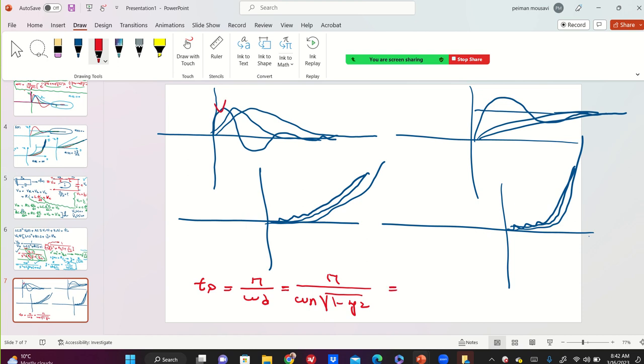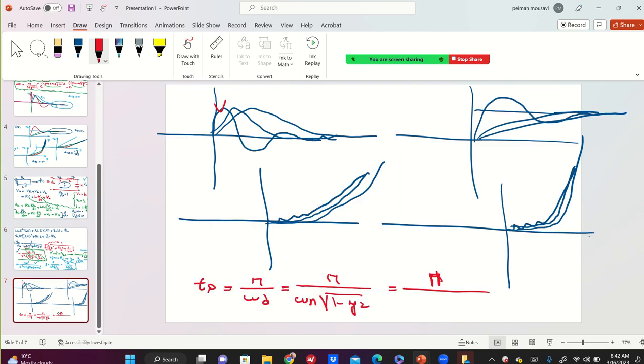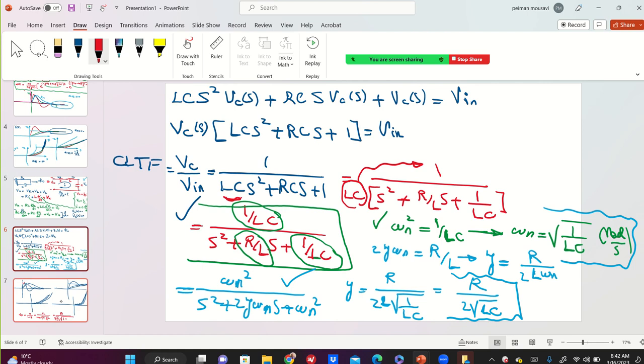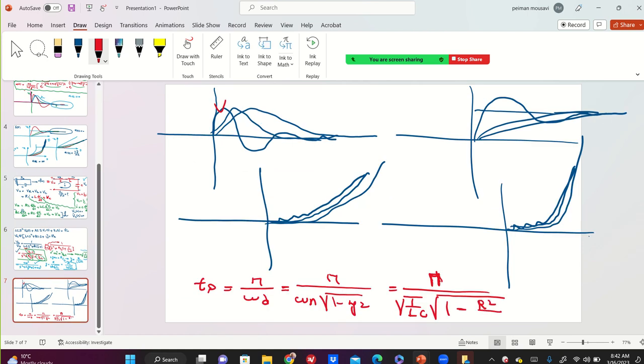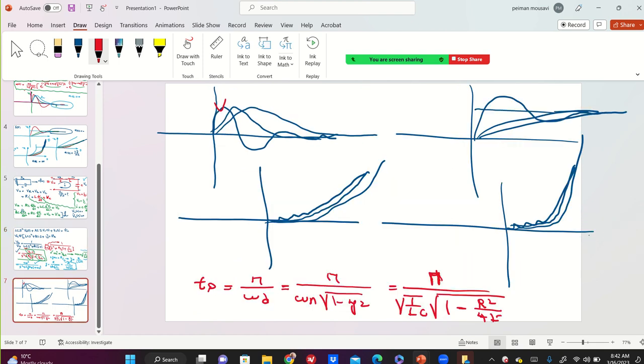So the peak time of the RLC circuit, with omega n as 1 over the square root of LC and zeta squared as R squared over 4 times L over C. See, your peak time has different parameters. What is affecting the peak time of the RLC circuit is the inductor, resistor, and the capacitor.